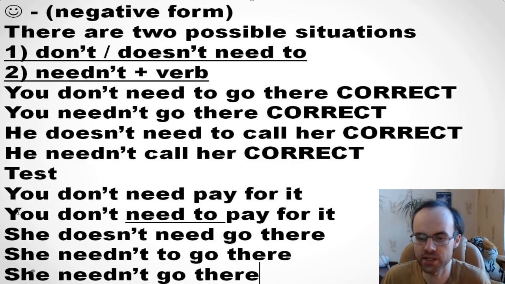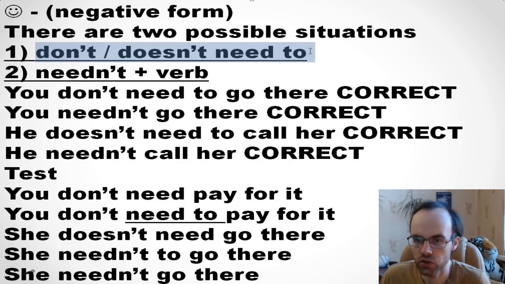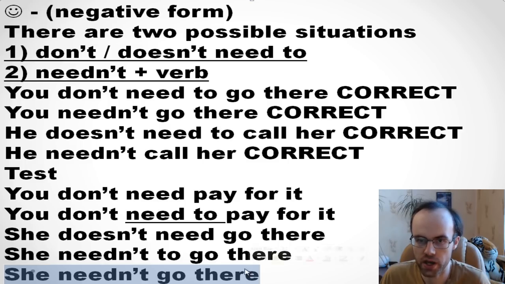Which sentence is correct? You can't say doesn't need go, because you say don't or doesn't need to. If you have needn't, then needn't plus verb. So you need to say she needn't go there. Okay, very good.